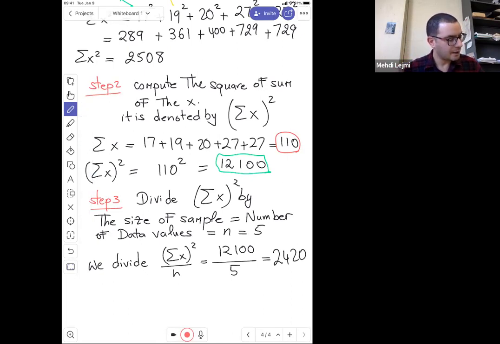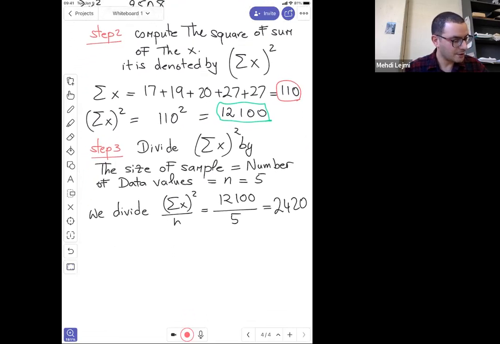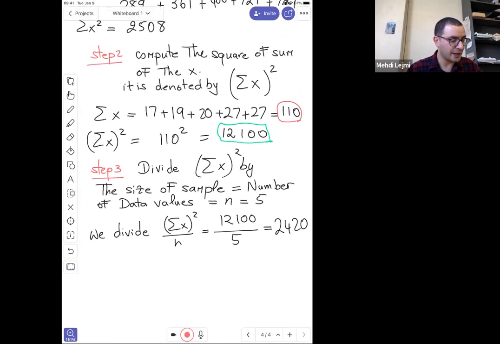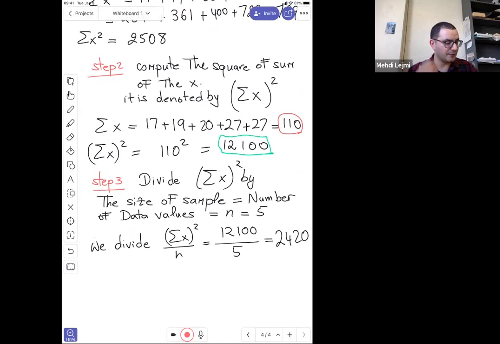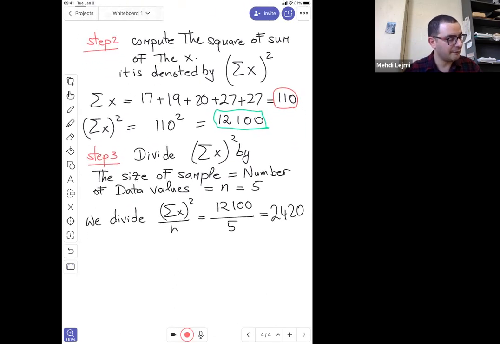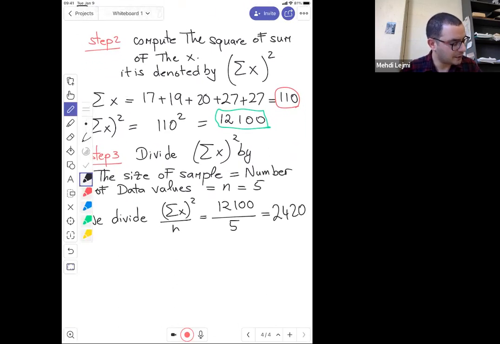Okay. Now, last step. Once you divide your answer from step 2 by the number of data values, in the last step we're going to take the difference with the first step.